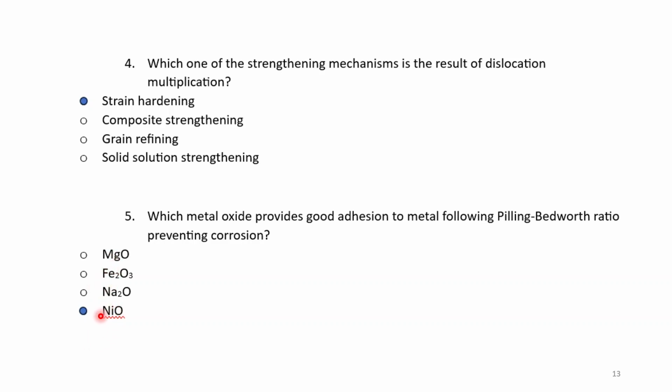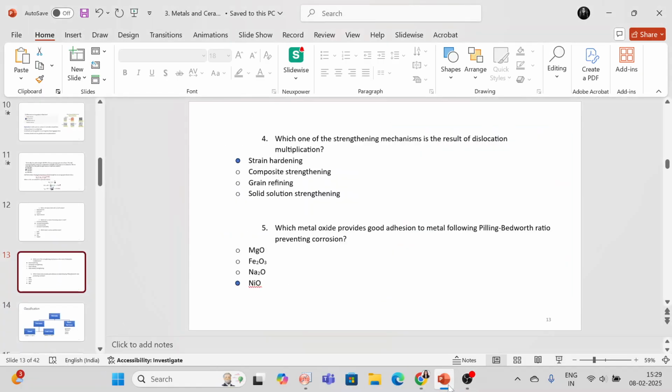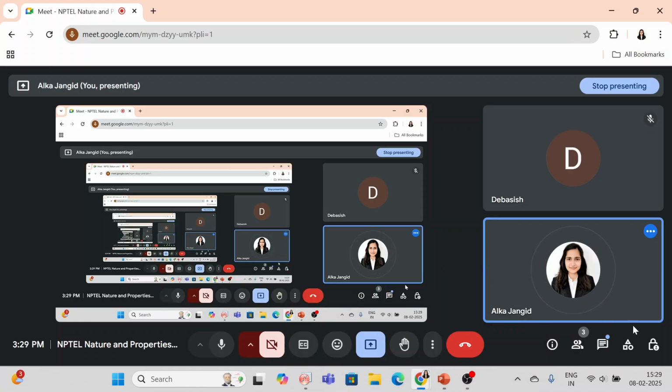Only for nickel oxide and chromium oxide, some of these materials, this layer will be stable. So only for nickel oxide, the Pilling-Bedworth ratio will be of the correct order.